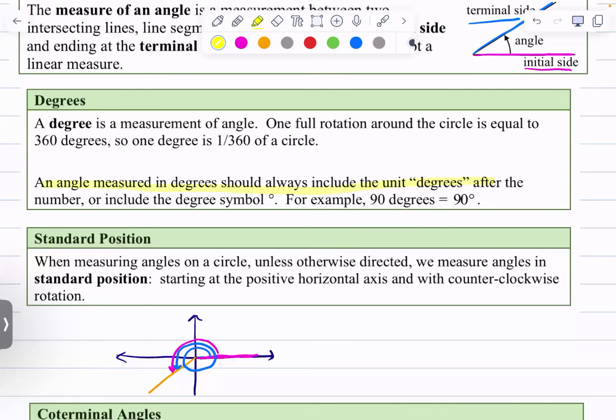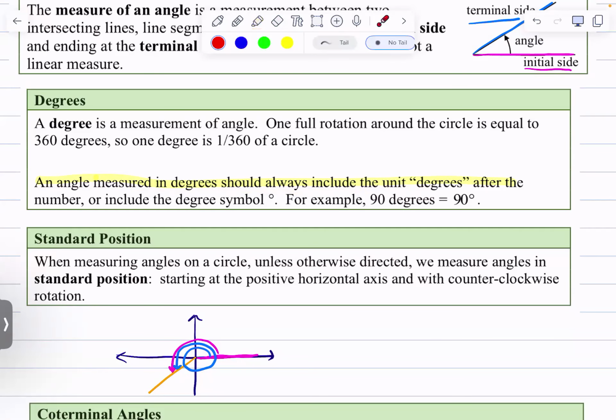That's where the benefit of radians comes in, because they're unitless. Units can make things a little bit messy sometimes, as I'm sure you've found in other courses.